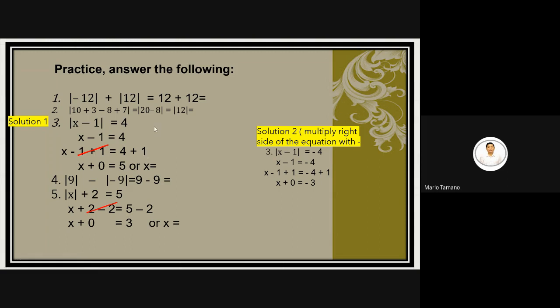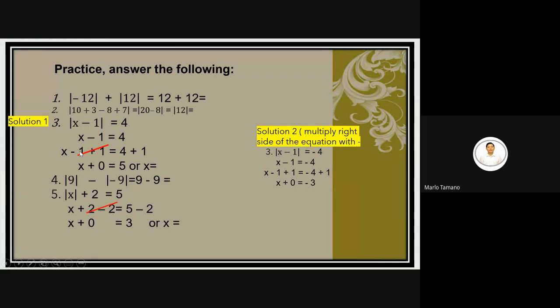So hindi pa na-discuss sa inyo yan, pero bibigyan ko na kayo ng konting idea. Okay? And this is considered as our hats. So if you want to remove the negative 1 here, magdadagdag po tayo ng kanyang kabaliktaran. So ano bang kabaliktaran ng negative 1? And that is positive 1. Para matanggal po siya.